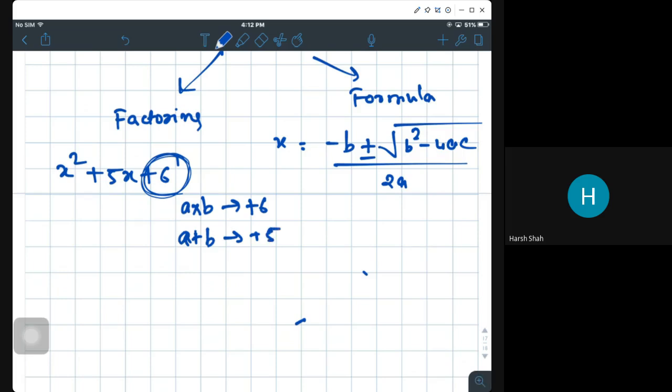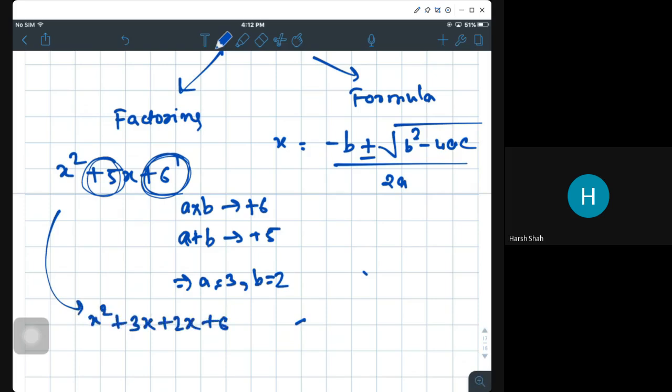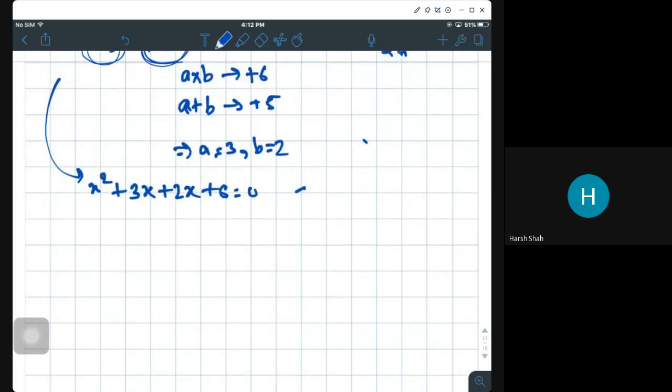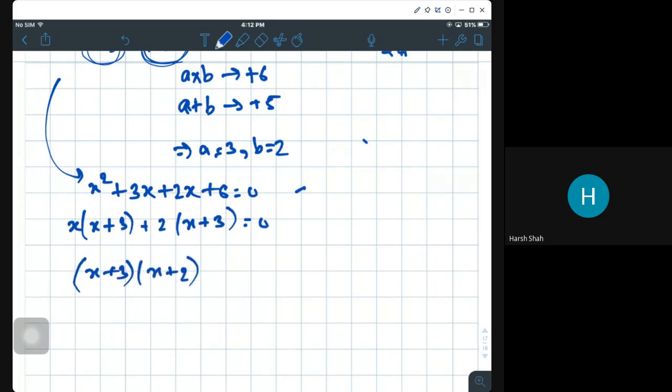I need to take signs into consideration, right? Now I know that a equal to 3, b equal to 2, correct? So now I can write this equation as x squared plus 3x plus 2x plus 6 equal to 0, right? I can write this as x into x plus 3 plus 2 into x plus 3 equal to 0. Taking x plus 3 common, I get x plus 3 into x plus 2 equal to 0.